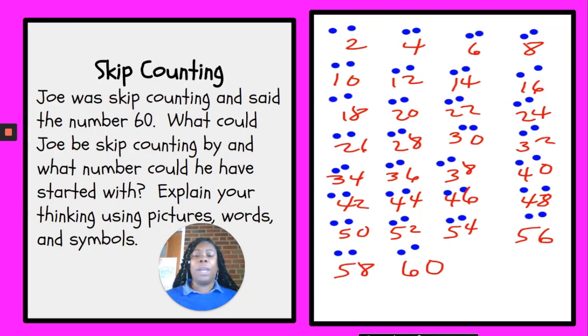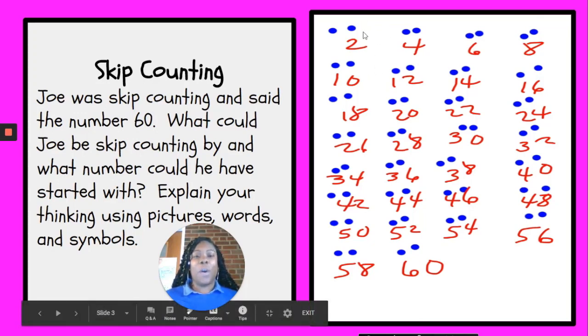Each 10 repeats the numbers 2, 4, 6, 8. And that's why I chose to start with the number 50. Even though I'm showing you I started with 2. All right, we're going to move on to the next one.